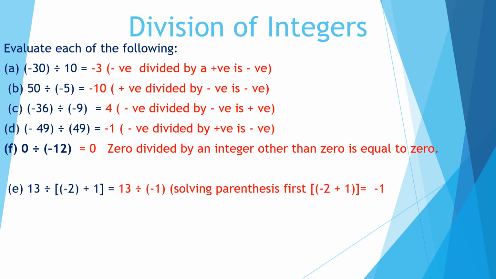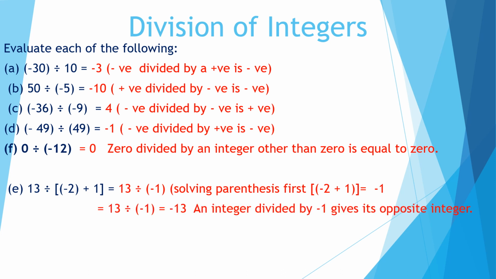So we get 0. Now let's evaluate 13 divided by (minus 2 plus 1) within parentheses. So we first solve the parentheses. Minus 2 plus 1 will be equal to negative 1. So now 13 divided by minus 1, a positive integer divided by a negative integer will give us a negative integer, or 13 divided by minus 1 will give an opposite integer.